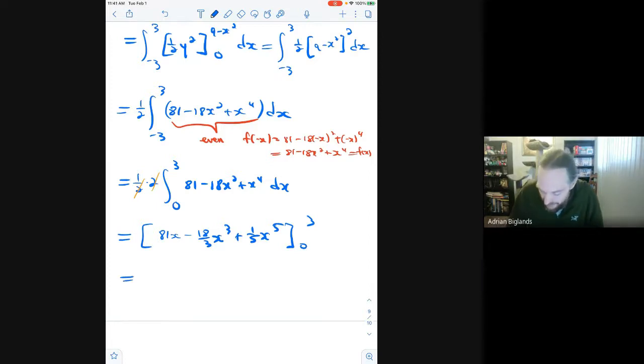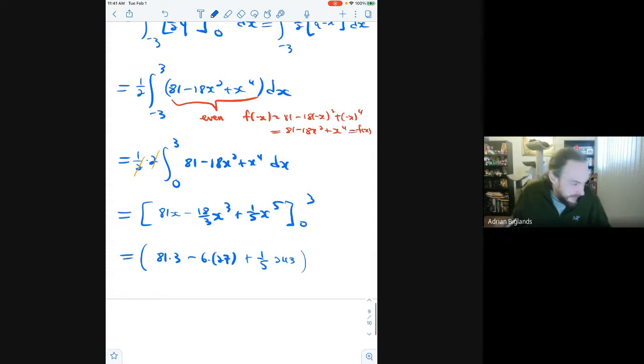which is equal to 81 times 3 minus, what do I get? This would be 6 times 27 plus 1 over 5 times 243. And then let's find out where this is.